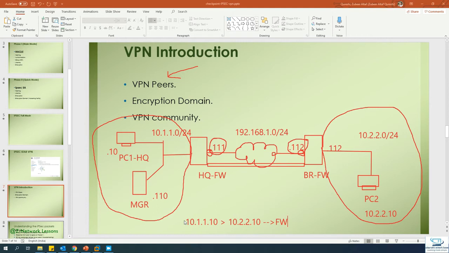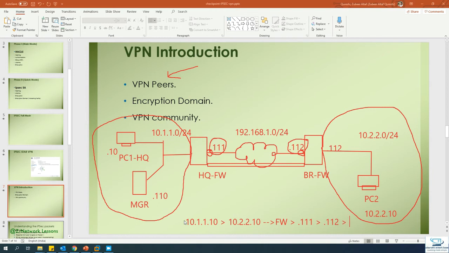The policy is there, and it says you have to send it through the VPN. So it will encrypt this traffic, and it will encapsulate it on the public IP address. So you will see this as .111 talking to .112.